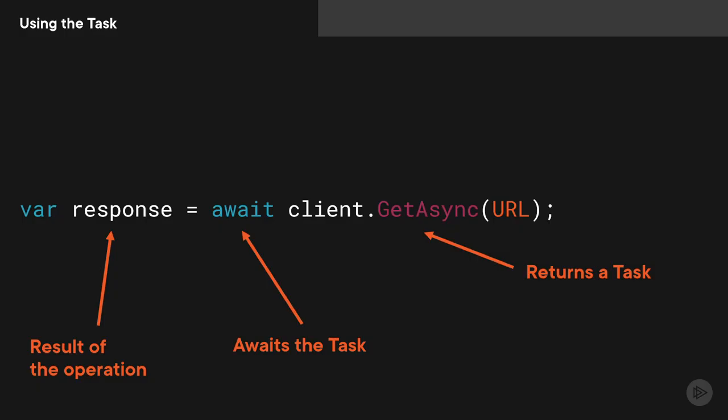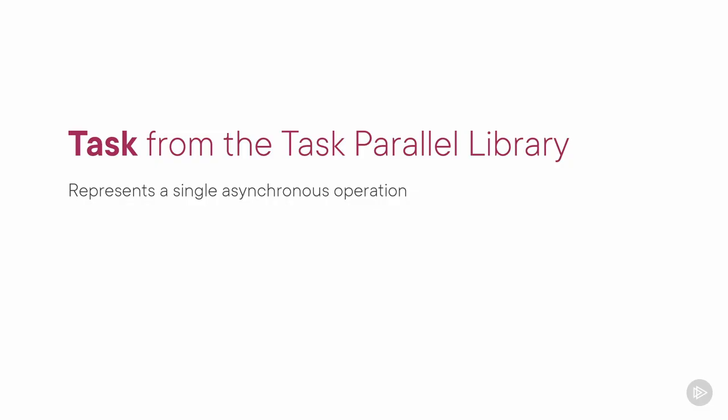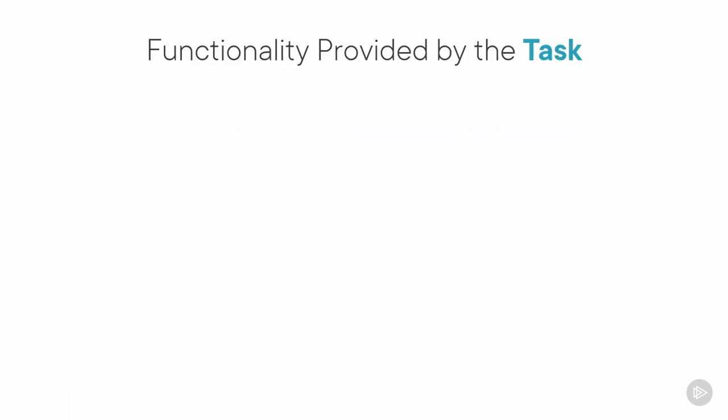One way is to introduce a task. We encountered the task in the previous module, but we didn't spend too much time talking about it. The task is a way to represent an asynchronous operation. It exposes functionality to allow you to perform all the necessary operations that you'll need to. Here are a few things the task allows you to do.